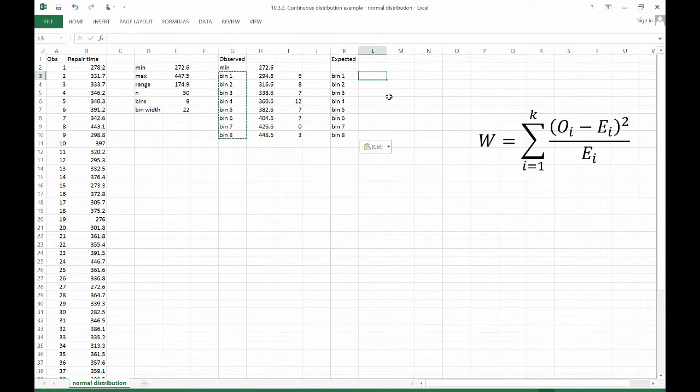Let's use the NORM.DIST function. It gives us the probability associated with this value on the axis when the mean is the mean value that we calculated from the method of maximum likelihood. So we need to input those in first. Let's remember what those are.